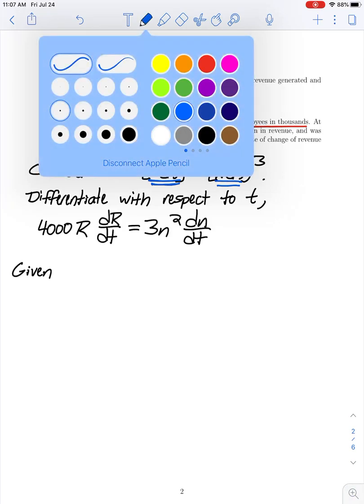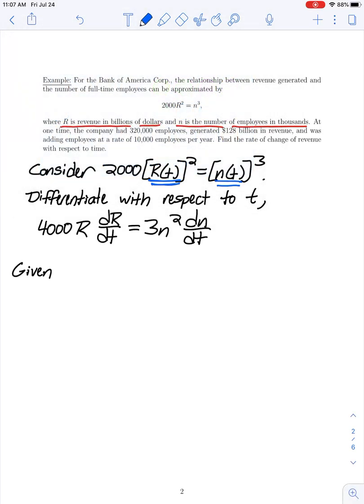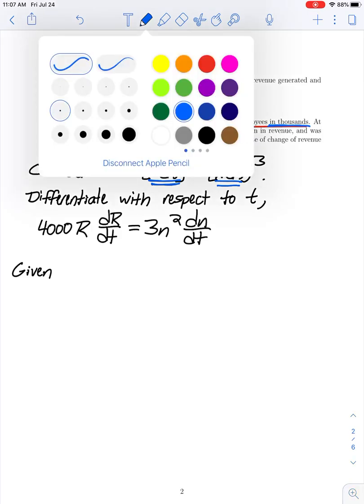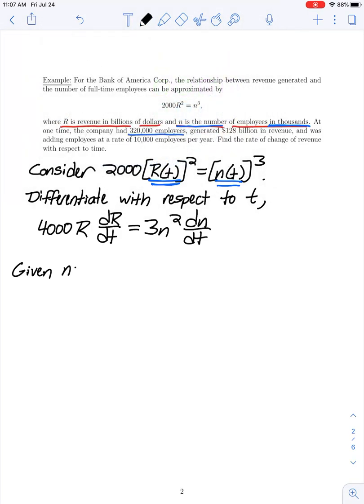So reading through the problem statement, we were told that at one time the company had 320,000 employees. Now remember that n is the number of employees measured in thousands. So 320,000 means that n is equal to 320, since we were measuring in units of the thousand.